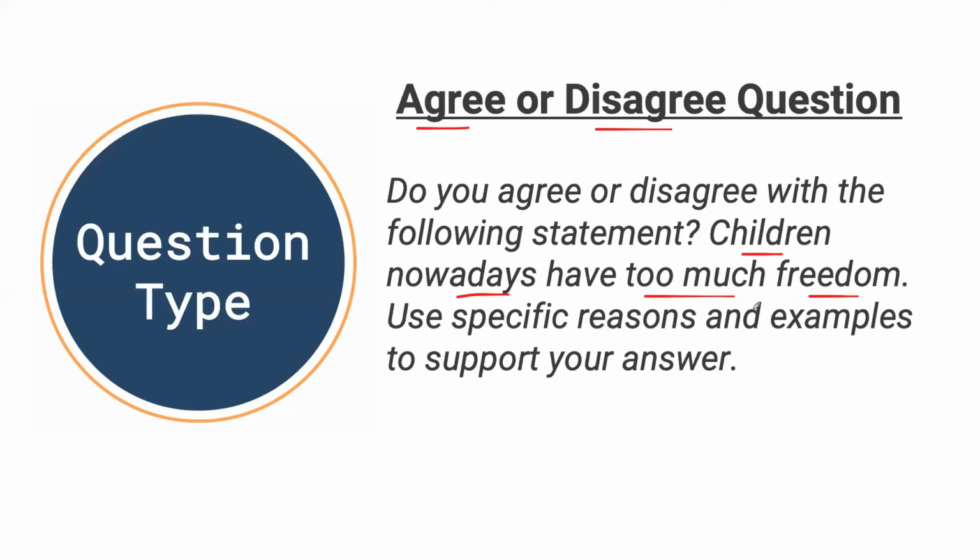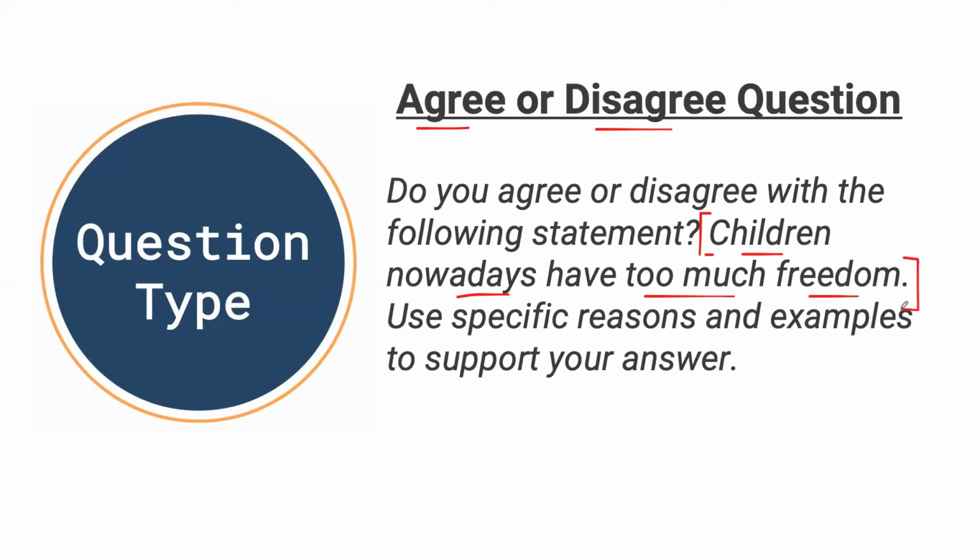You could argue that children nowadays have just enough freedom, or you could also say children nowadays don't have enough freedom. So the fact that we have this quantifier here when it comes to the quantity of freedom gives you some leeway and it gives you 2 possibilities for a disagreement. But remember, if you choose to agree with this statement, you'll have to agree with every detail in it.